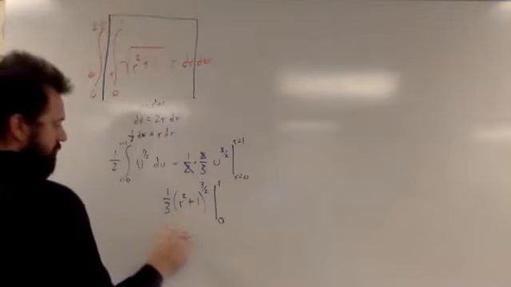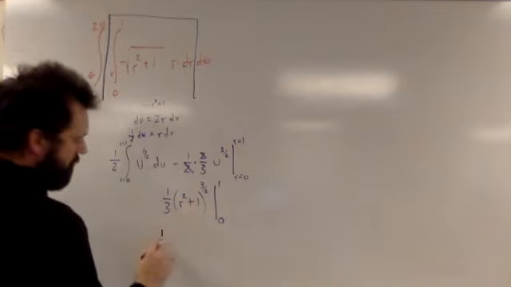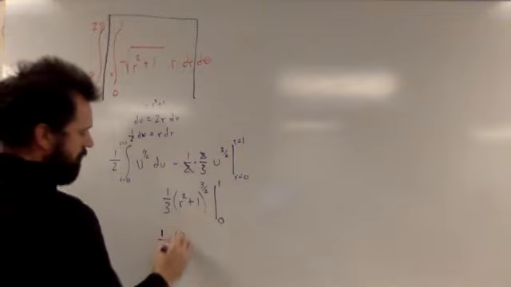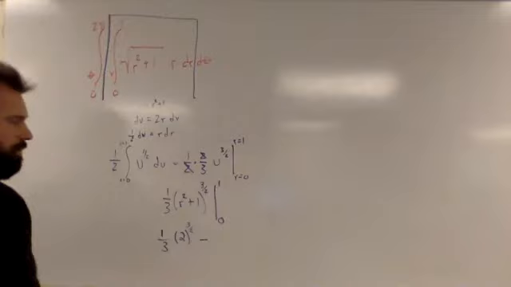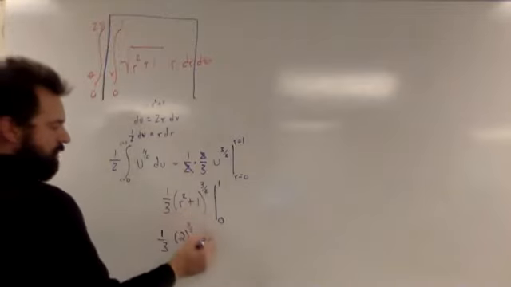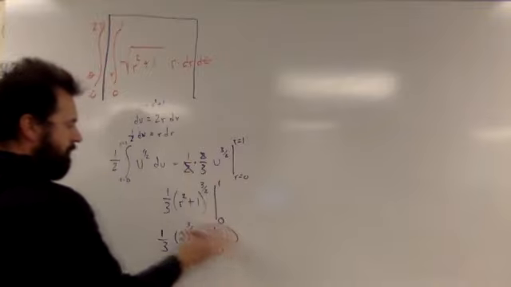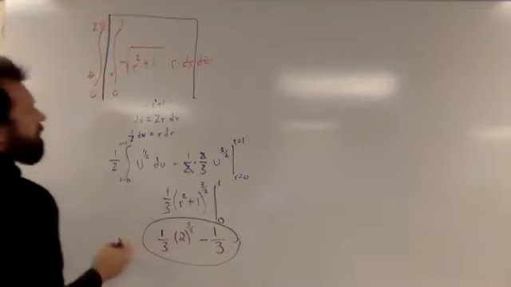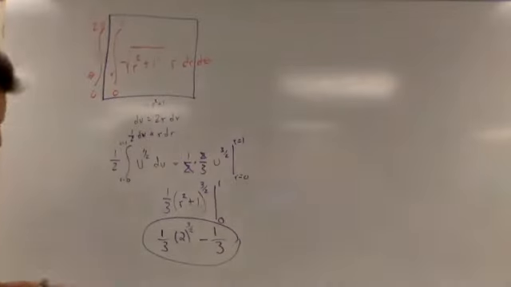When I plug in 1, I'm going to get 2, so 1/3 of 2 to the 3 over 2, minus, when I plug in 0, I'm going to get 1, that's just 1/3. So this is going to get plugged back in to where the box was.